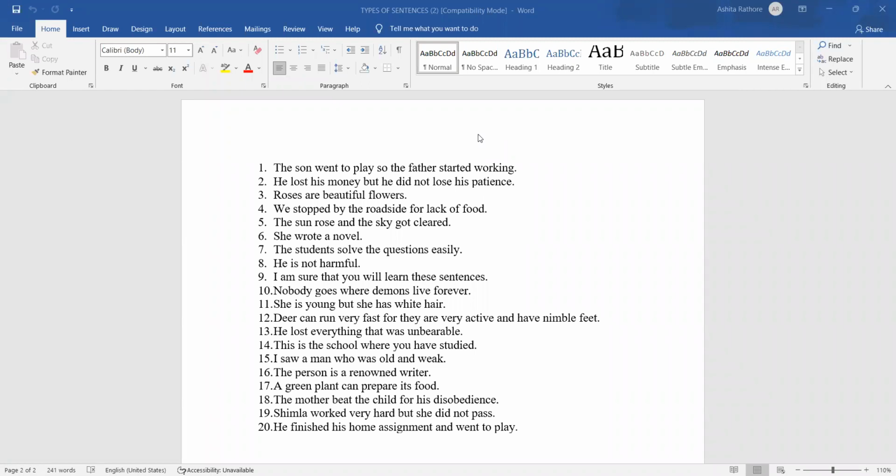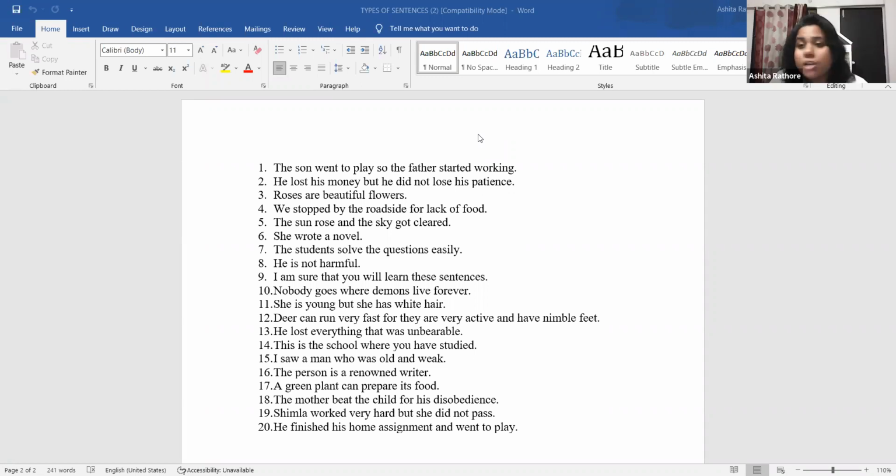Is lack of food a clause? Lack of food phrase है, clause नहीं है. Adya, would you like to give it an attempt?